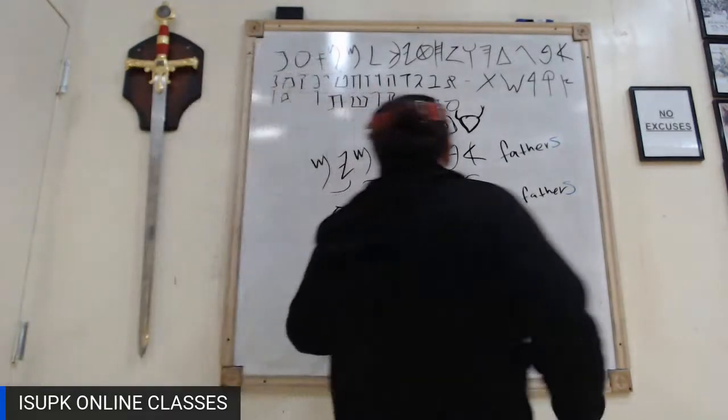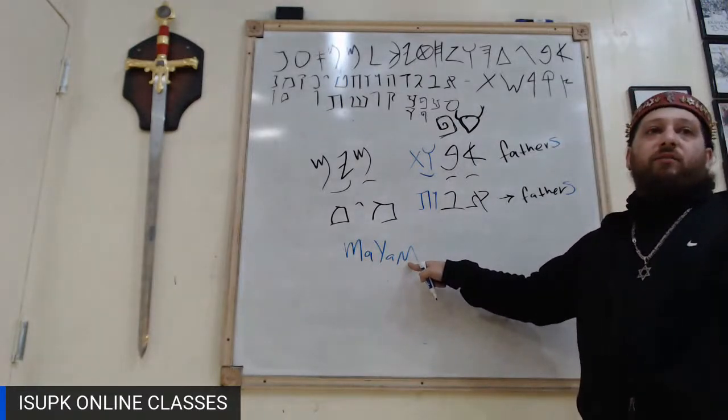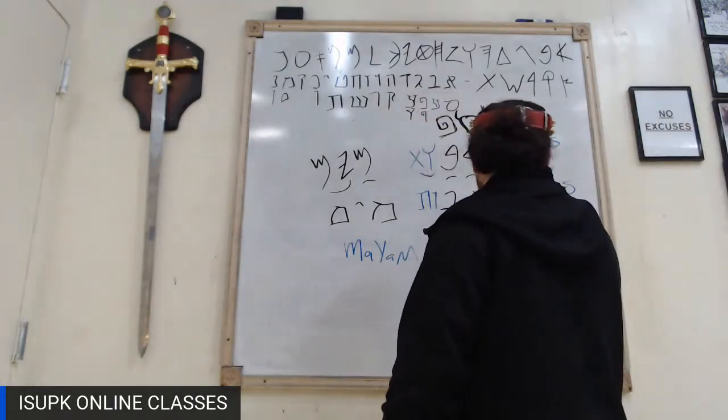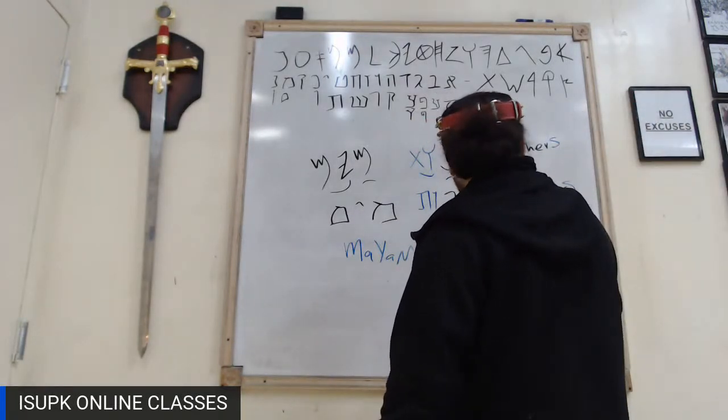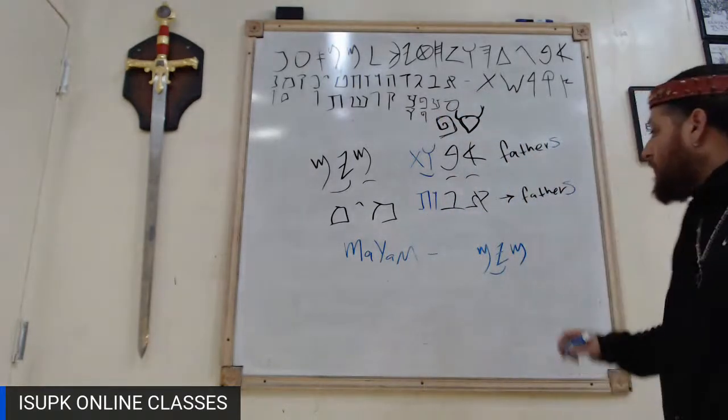You understand? Meaning, I know this is a ma and a ya and a ma. So I could associate it. So now if I've got to write this: ma, ya, ma, mayim.